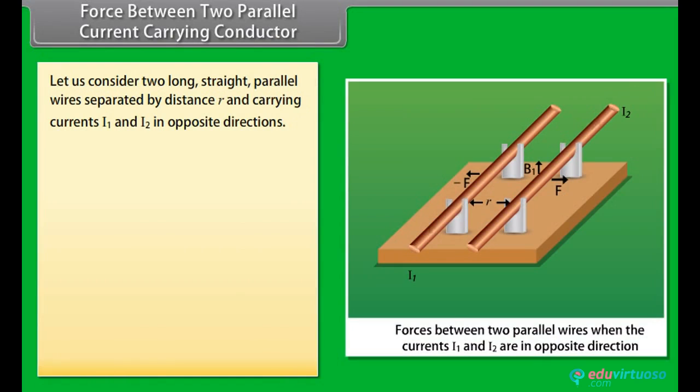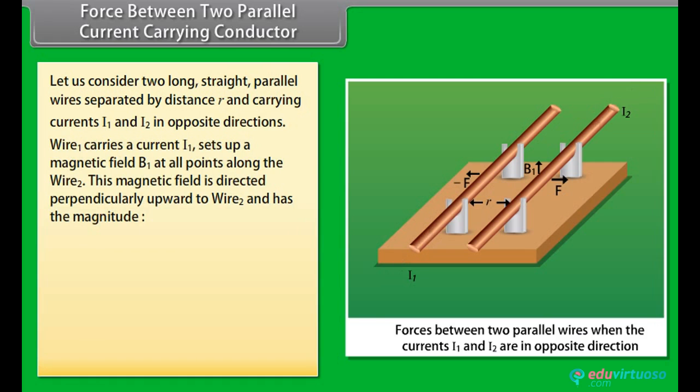Force between two parallel current-carrying conductors. Let us consider two long, straight, parallel wires separated by distance r and carrying currents I1 and I2 in opposite directions. Wire 1 carries a current I1 and sets up a magnetic field B1 at all points along wire 2.